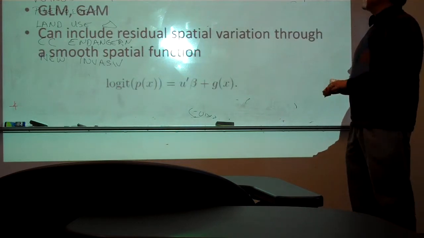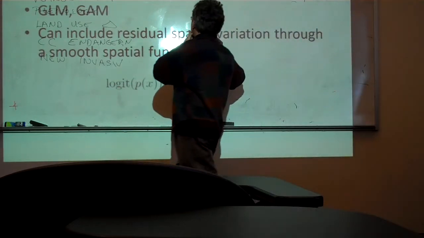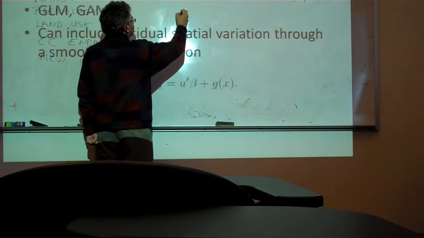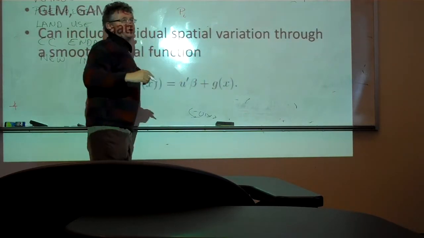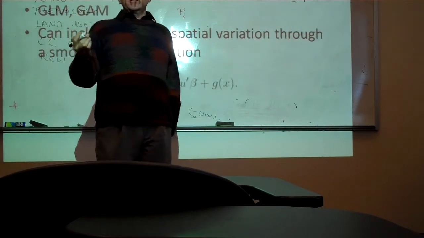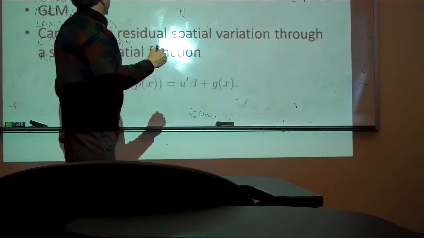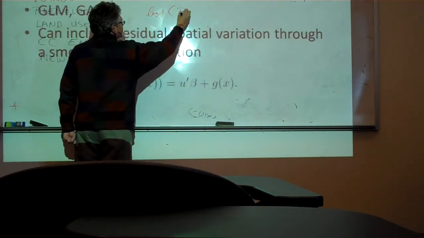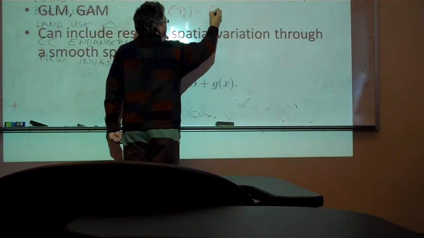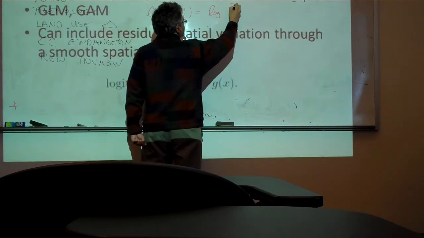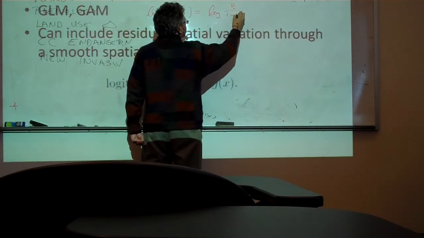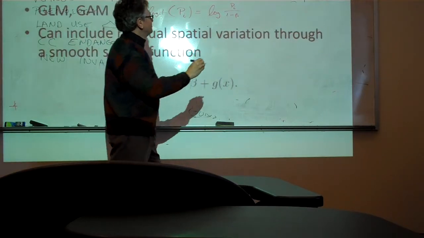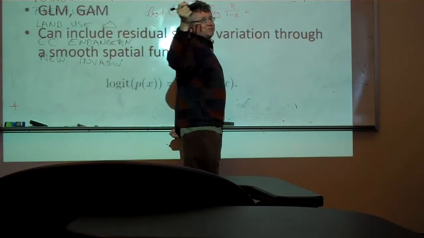So for logistic regression, if Pi is the probability of seeing a presence at location i, then the logit of Pi, which is just the log of Pi over 1 minus Pi, so it's the log odds, is some linear function of the explanatory variables.